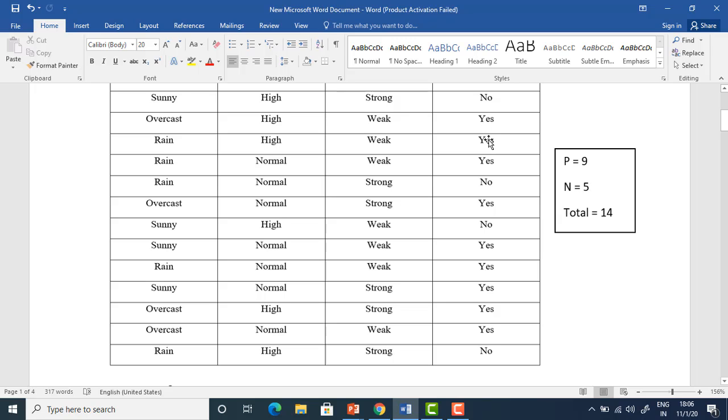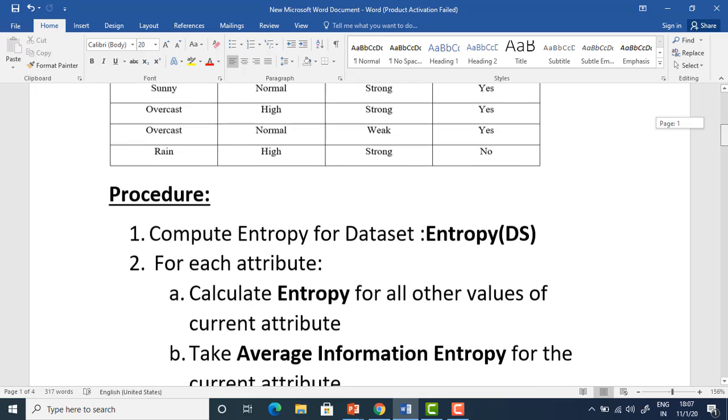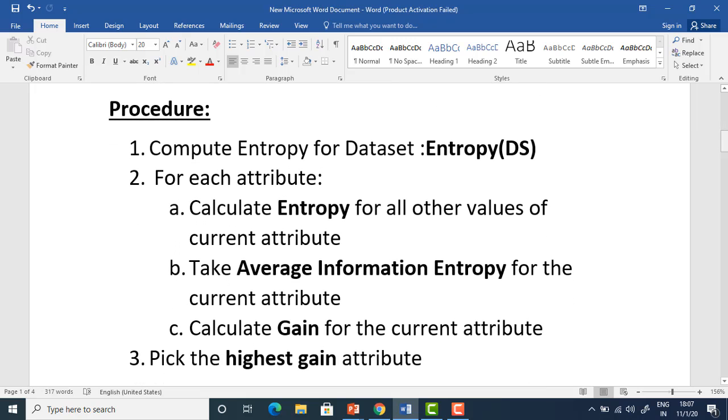Yes is 9 and no's are 5. I'm calling positives P and negatives N. We have to find out first, for the given label, how many positives and how many negatives we have, and put that aside. Later, the procedure to find out the root node, I have given the procedure also. If you want, you can go through it.